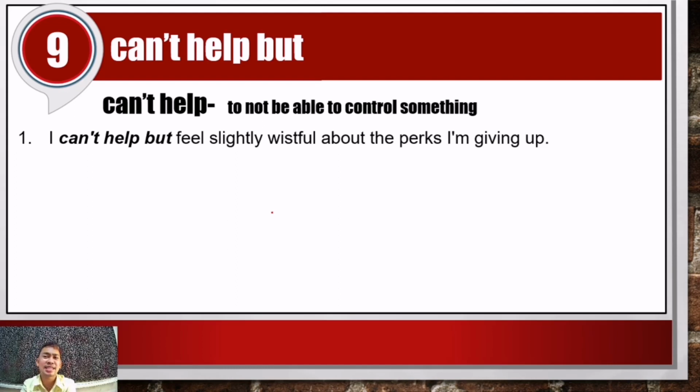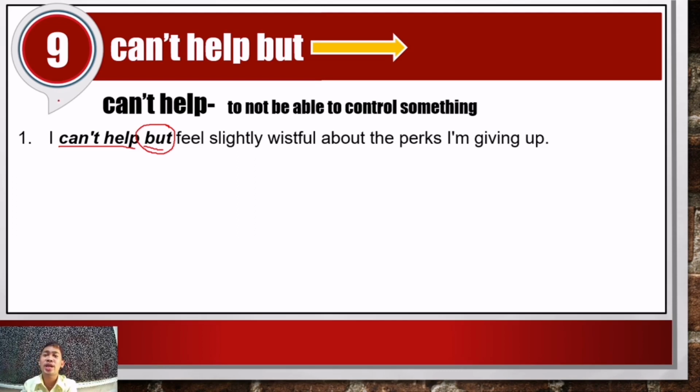However, class, that is actually ungrammatical. What makes it ungrammatical is that the verb can't help should be followed by a direct object simply because can't help is a transitive verb. It needs a direct object. And but isn't even a noun or a pronoun or any word that can serve as an object. Am I right? Am I making sense?